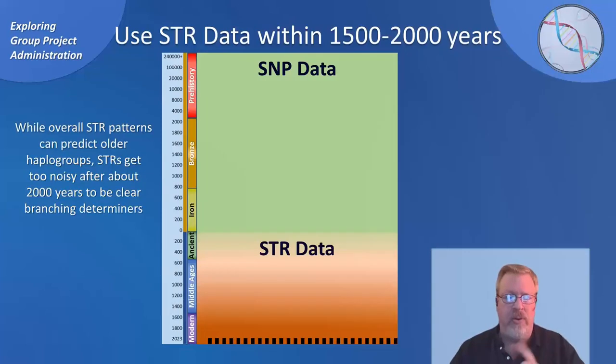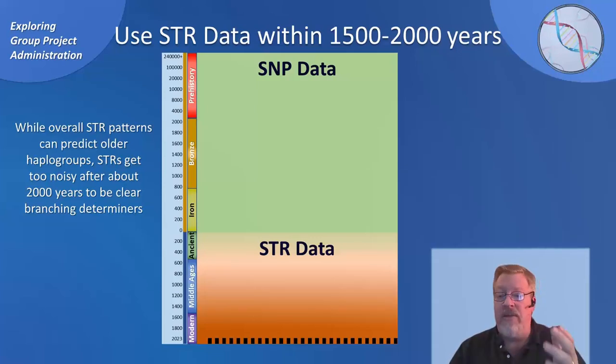STR data, if you use it, is really only reliable for analyzing a subgroup, I'll say, within the last 1500 to 2000 years. Now, that also changes by subgroup. In some cases, you'll be able to go back further if you want to. In some cases, the STRs are so volatile that they're only good for the last 500 or 1000 years. It just depends on the performance of them within that subgroup.